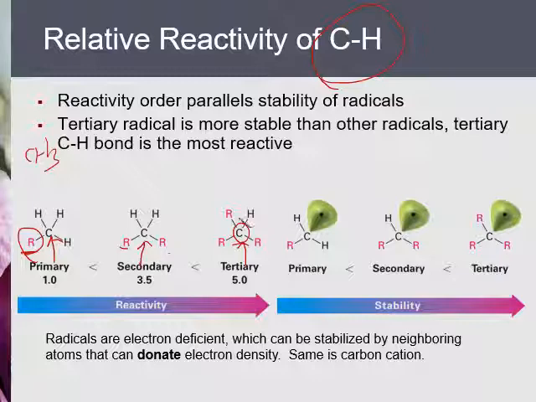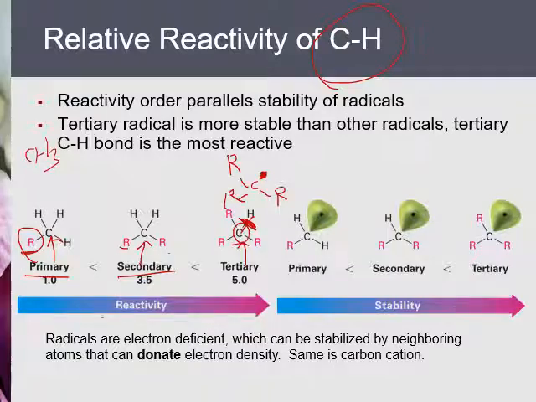So when this carbon-hydrogen bond breaks, this forms a tertiary radical. All right, so tertiary carbon is the most reactive to form a radical, followed by secondary carbon, and the primary carbon is the least reactive to form a primary radical.